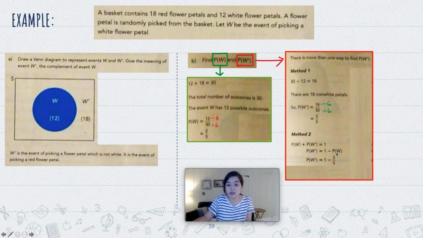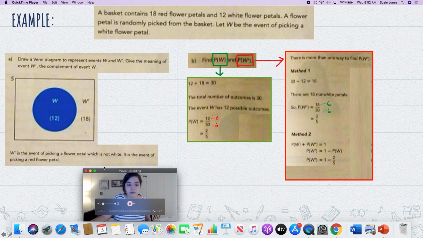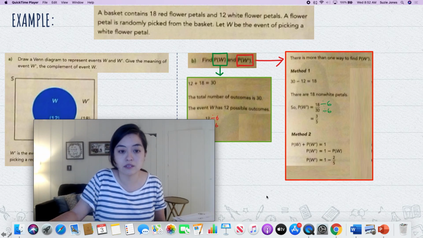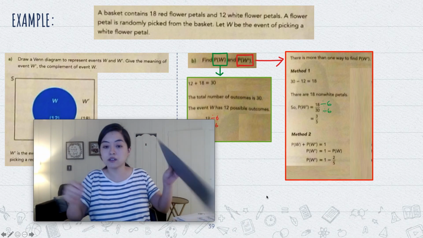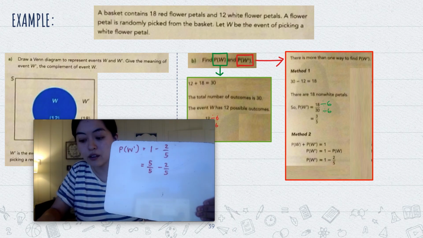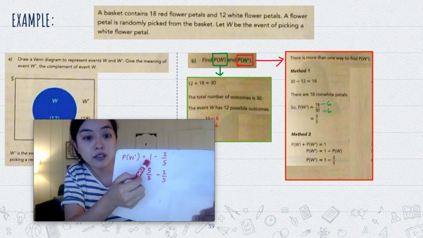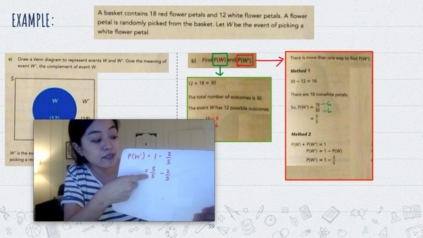So we know that the probability of event W is 2/5, because we got that here, right? So now to find the probability of the complement of event W, we have to do 1 minus 2/5. Recall that another way to write 1 is to write it as 5/5.